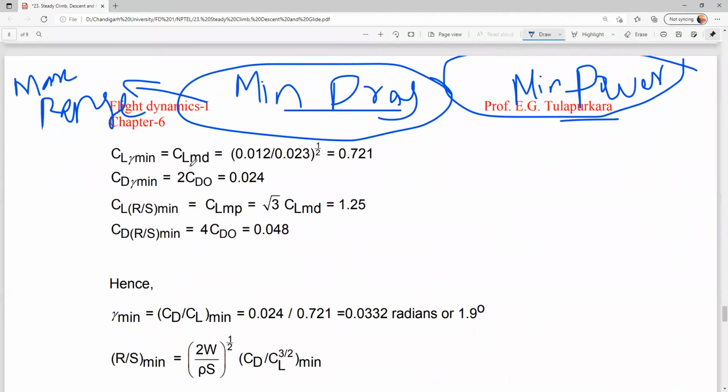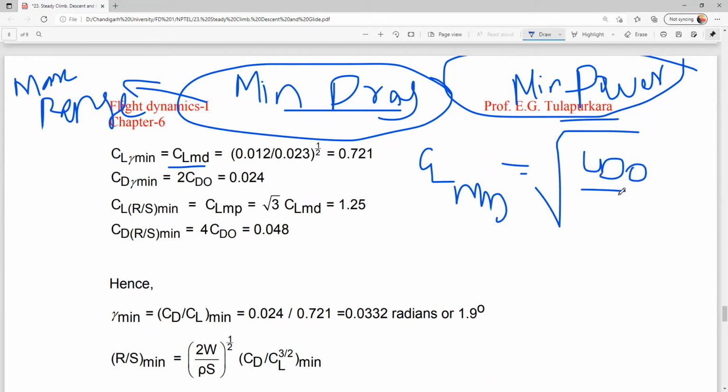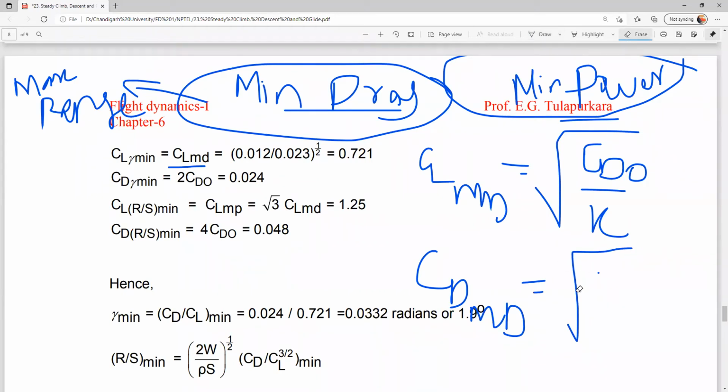So CL minimum drag will be given by square root of CD naught by K. Similarly, CD minimum drag is 2 CD naught.